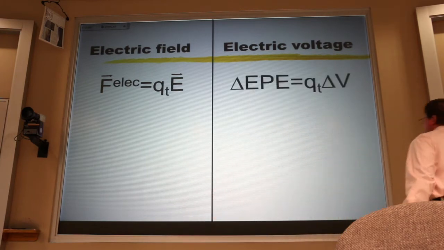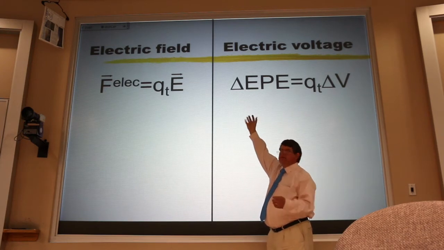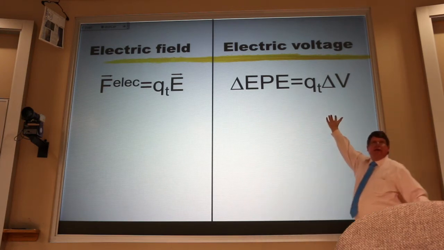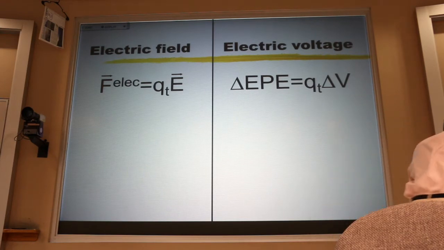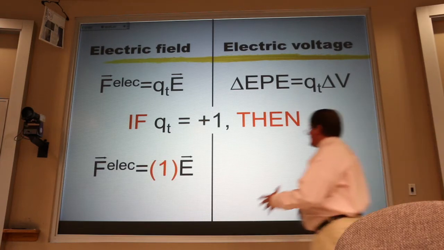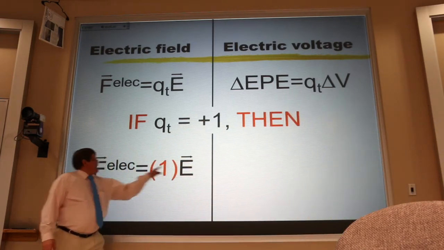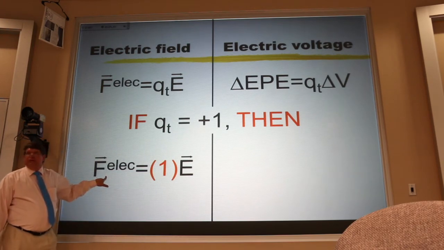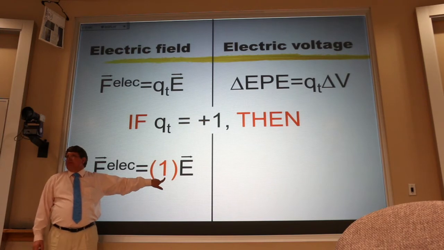I have this relationship between the electric potential energy that I care about and this voltage thing that's just a gimmick. Okay? If I set the test charge equal to 1, then I see what this gimmick is. The electric field is the electric force if the charge we're pushing on is 1 coulomb.